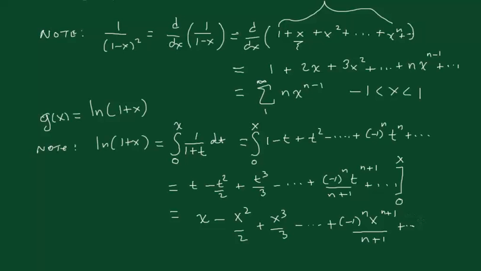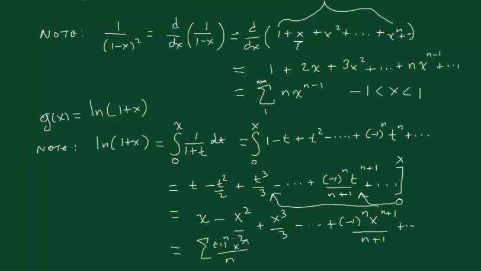But when you plug in 0 to each one of these terms, those terms will each go to 0, so that does not contribute anything to the series. So we have successfully come up with a power series for the natural log of 1 plus x. In sigma notation, that is going to be negative 1 to the n, x to the n over n.